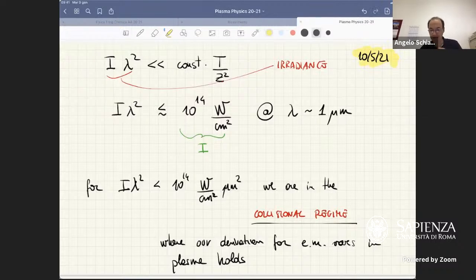So this is our framework. We obtained the alpha coefficient, the attenuation coefficient, working directly with the equation, with the dispersion relation.